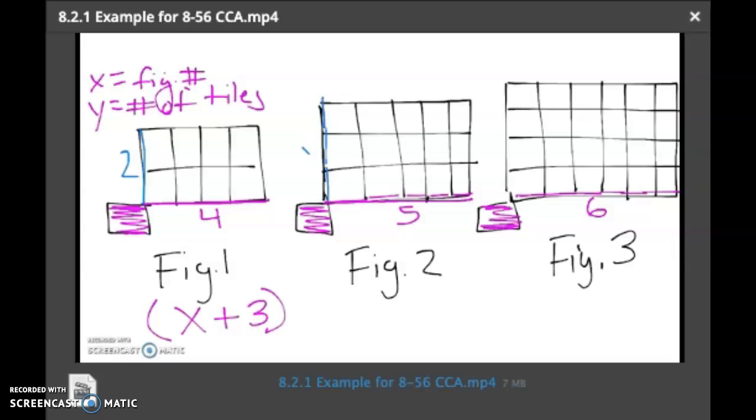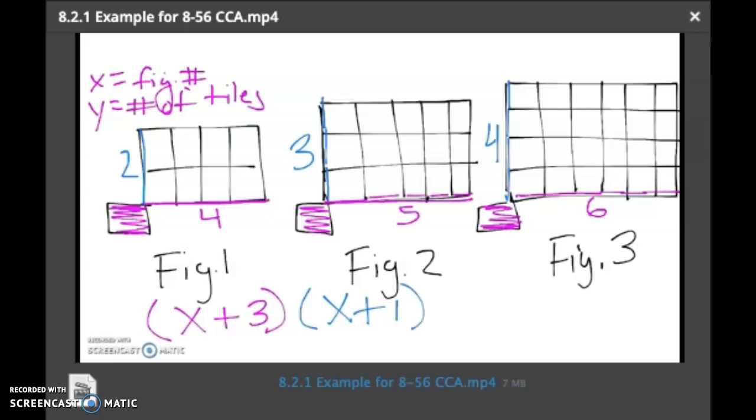That is also 1 more than the figure number. And in figure number 3, this side length is 1, 2, 3, 4. So that side length is also 1 more than the figure number. So I'm going to write that side length as X plus 1.